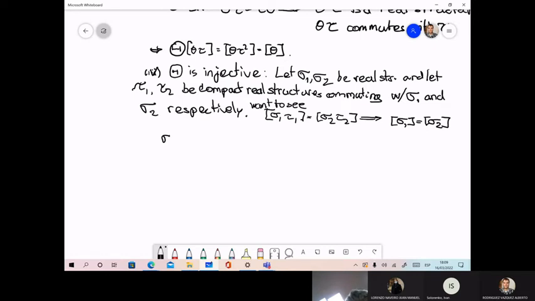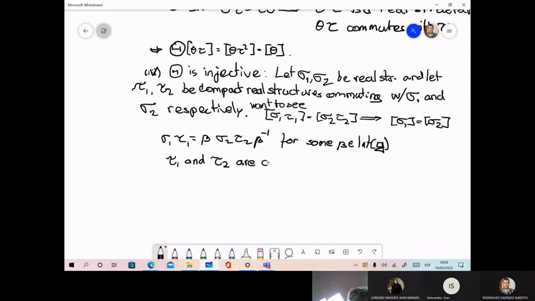The first thing means that, sorry, sigma 1 tau 1 equals beta sigma 2 tau 2 beta minus 1 for some beta, an inner automorphism. But now tau 1 and tau 2 are compact real forms.